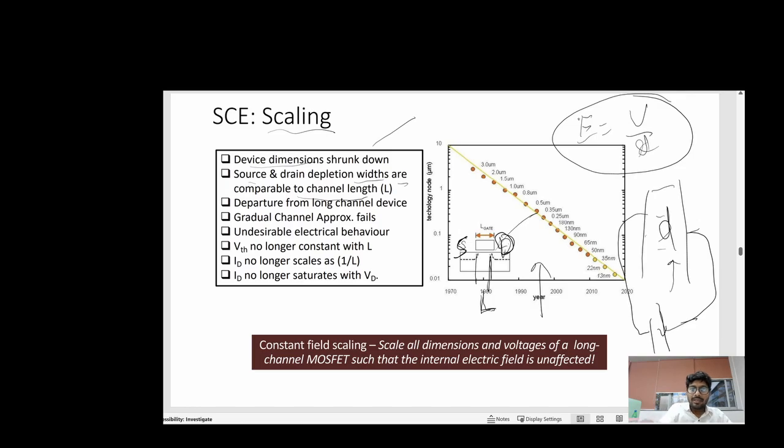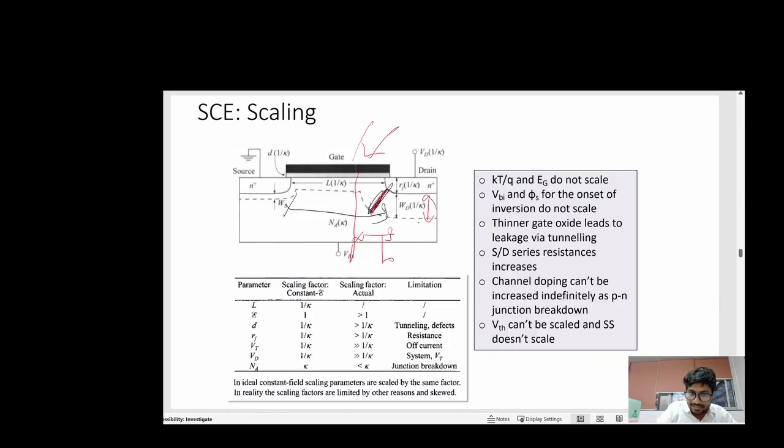So you need to decrease this as well, the depletion region as well, because if you do not decrease this depletion region to this much, there will not be any point of scaling down. Okay, you need to decrease this.